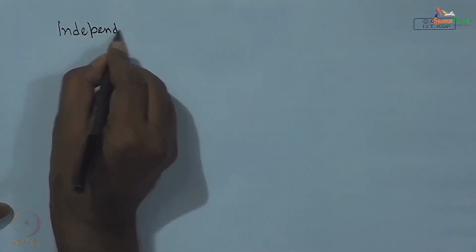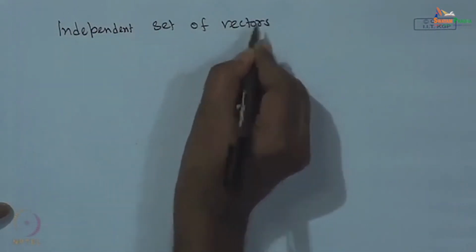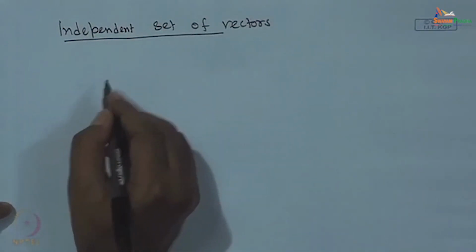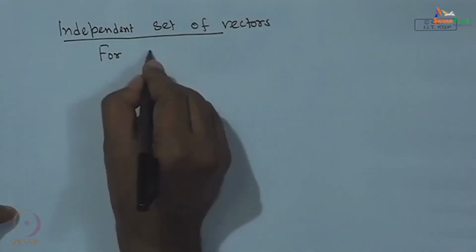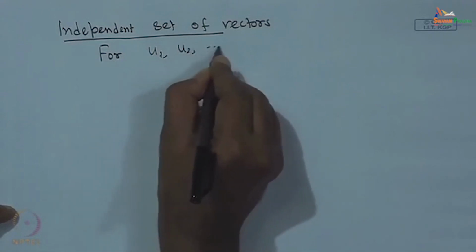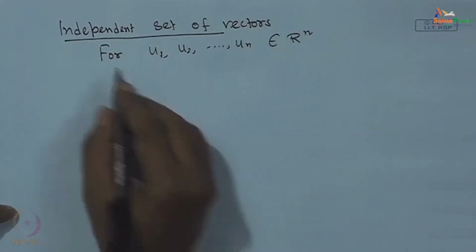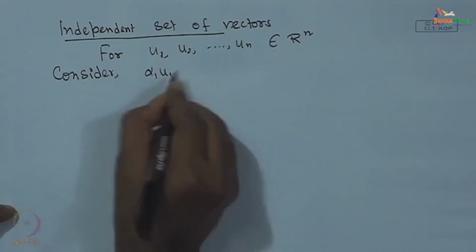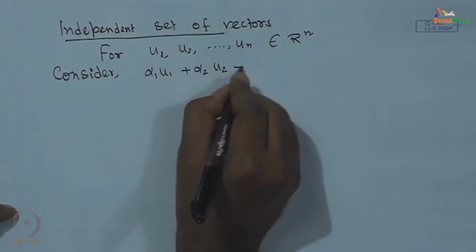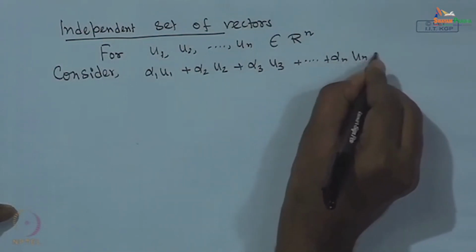What is an independent set of vectors? For example, if we consider a sequence of n number of vectors u1, u2 up to un, so that they belong to n dimensional real space, and consider the linear combination alpha 1 u1 plus alpha 2 u2 plus alpha 3 u3 plus alpha n un is equal to 0.